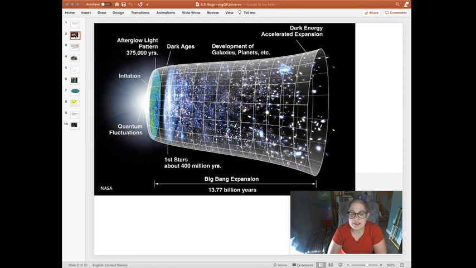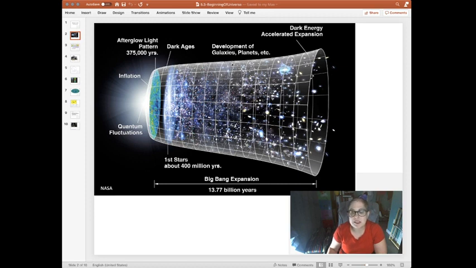We're going to talk about what this colorful oval is. What this is showing inside here is the formation of the first galaxies and stars and the evolution of galaxies to today. We see there was an initial big inflationary period, a huge initial expansion that happened very, very quickly.